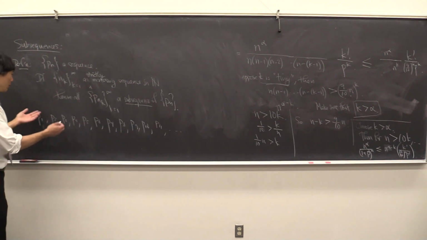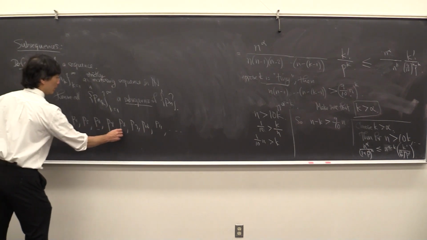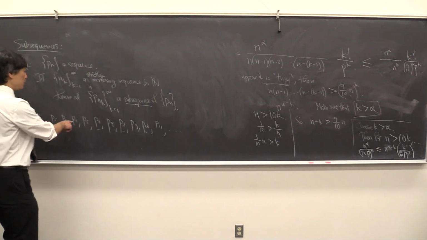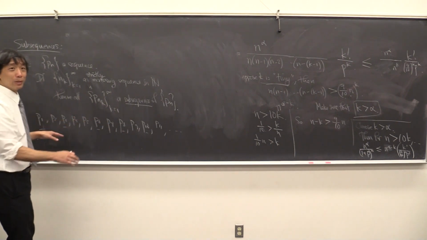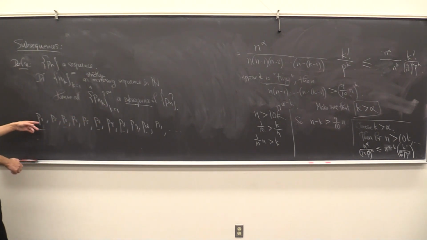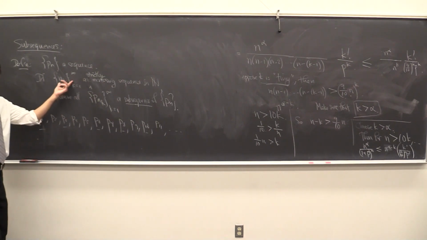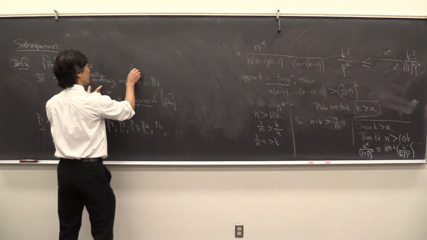In the normal way of thinking, it's just a sequence that selects some of the numbers of the original sequence. That's what this sequence of indices gives you.